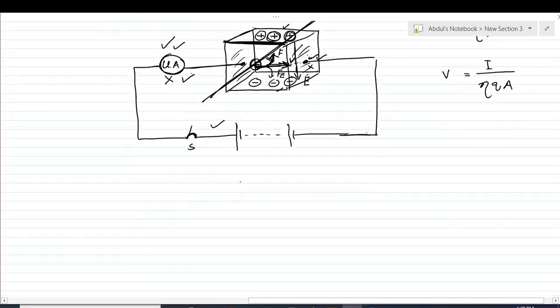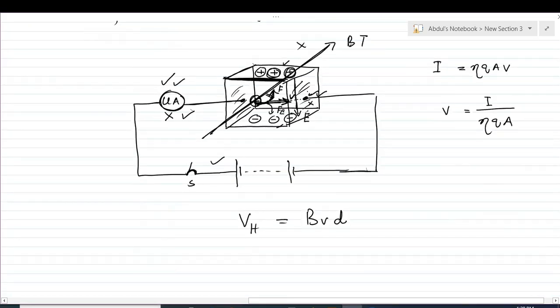So Hall voltage is equal to B v d. Hall voltage is equal to Bvd. And what is d? d is actually this side. It is the distance between the positive and negative plate, meaning this one.